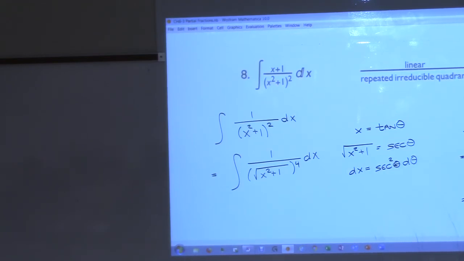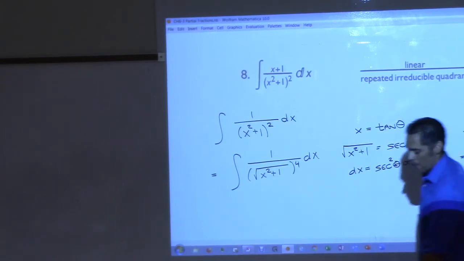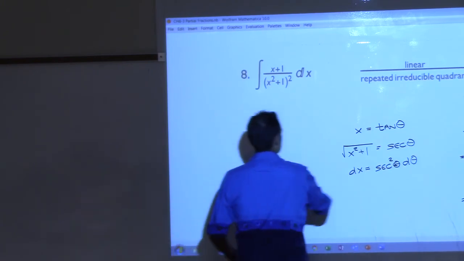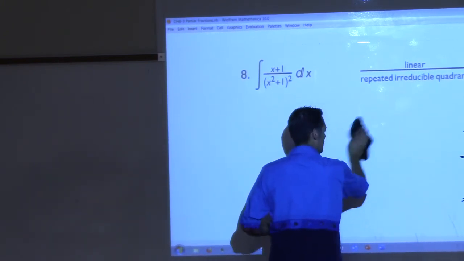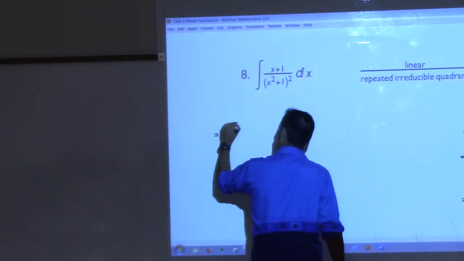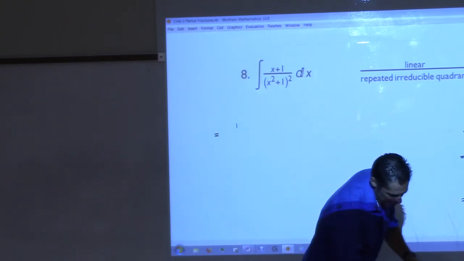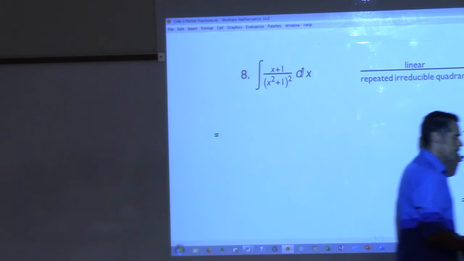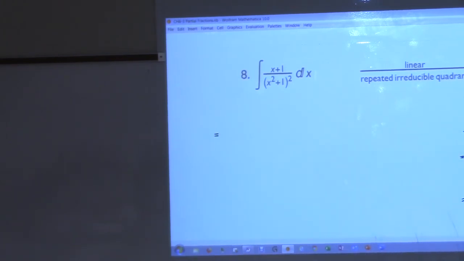We know how to do that, right? Someone's going to tell me how to do this. David, it turns into 1 plus cosine 2 theta. And there's a constant there, isn't there? In the formula, it's not just 1 plus.